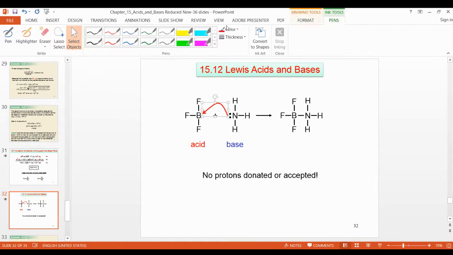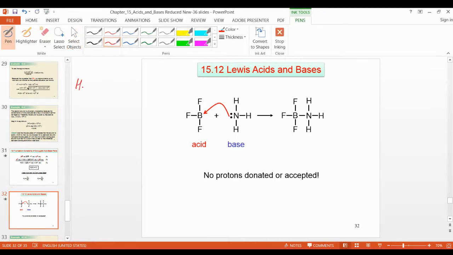We have another example here. Suppose we have H2O plus OH minus, right? Then we will get H2O plus H2O like this, right?